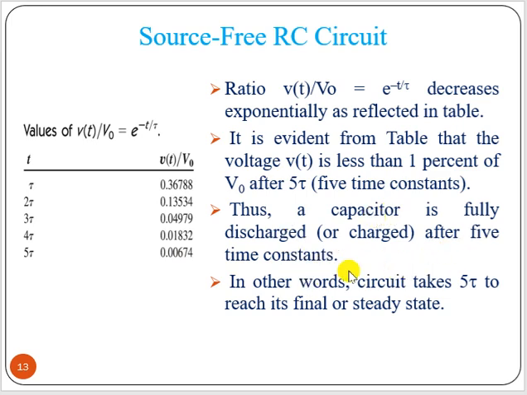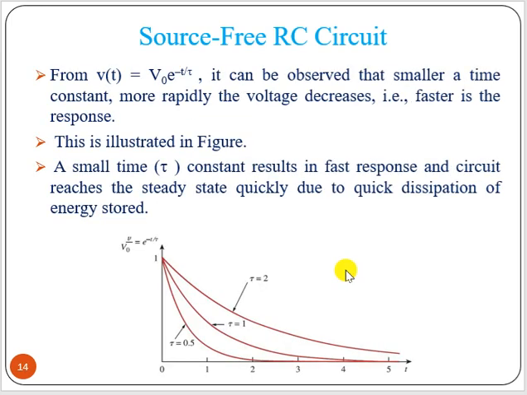Now from this equation, V(t) equals V0 e to the minus t by tau, it can be observed that the smaller the time constant tau, the more rapidly the voltage decreases and the faster the response. That is, when tau equals 0.5, it decreases and reaches its steady state or zero value faster than with a higher value of tau.